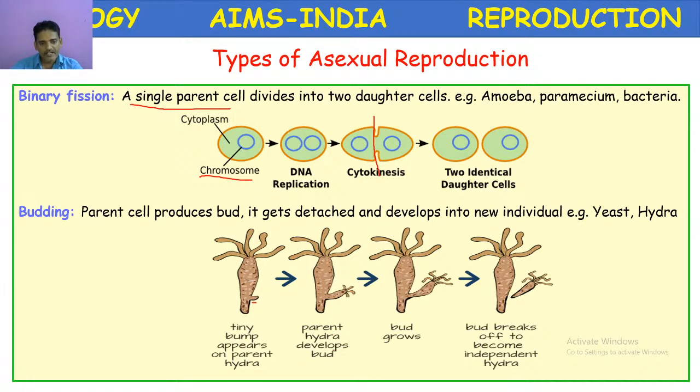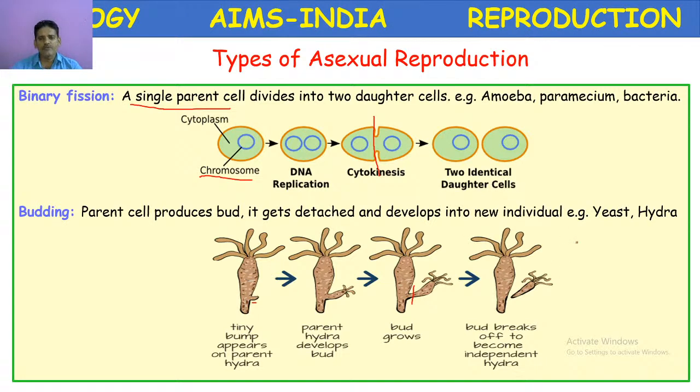Later, the parent hydra develops the bud. It will increase in size, and that bud grows and finally detaches. The bud breaks off to become an independent hydra. So this kind of reproduction is called budding, a kind of asexual reproduction.